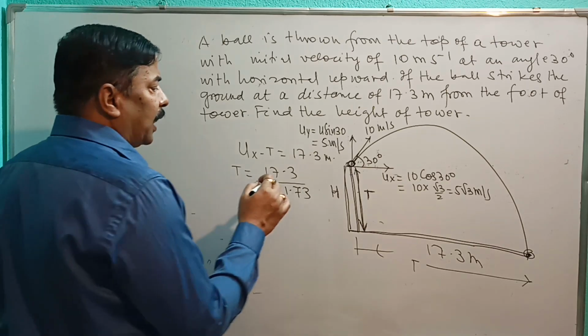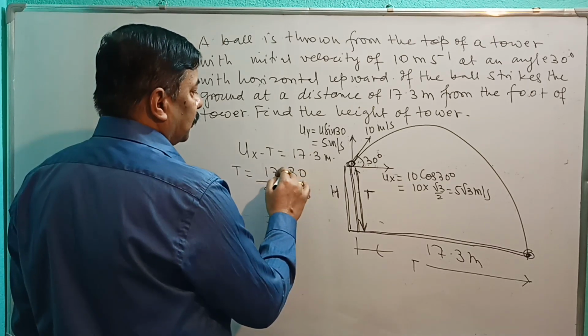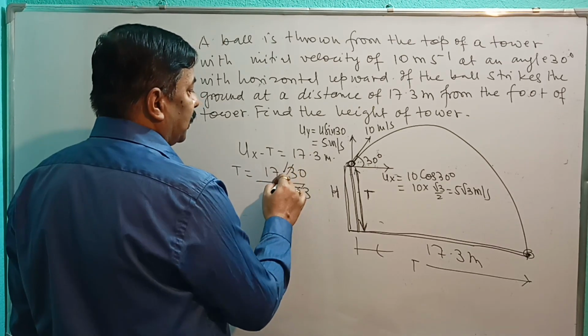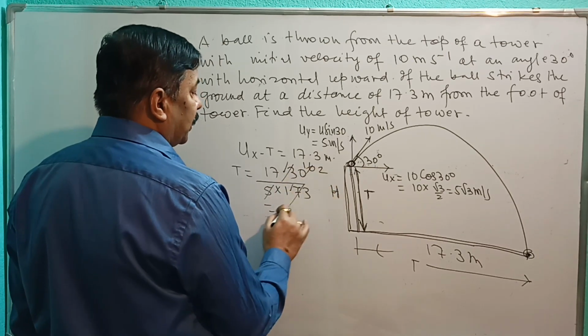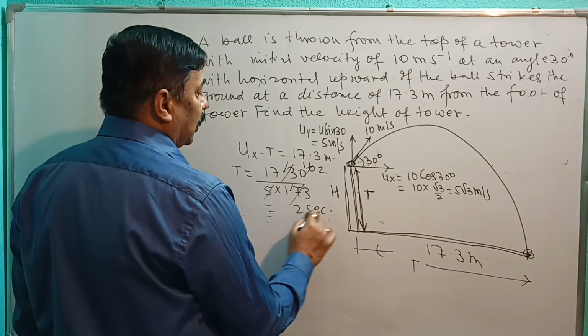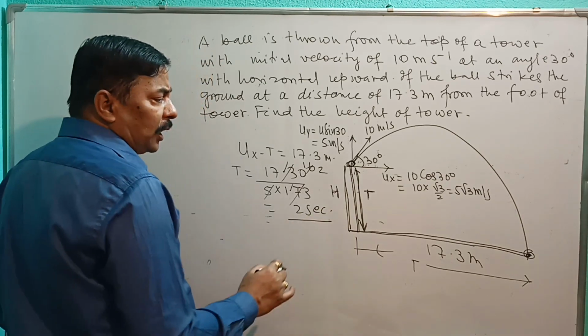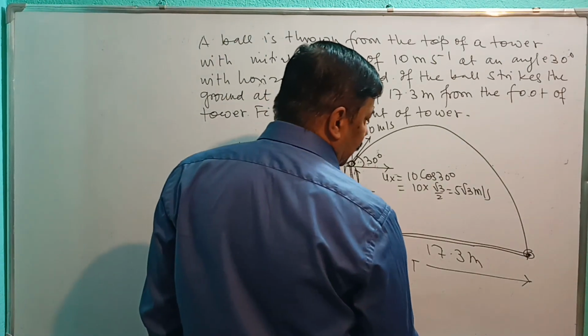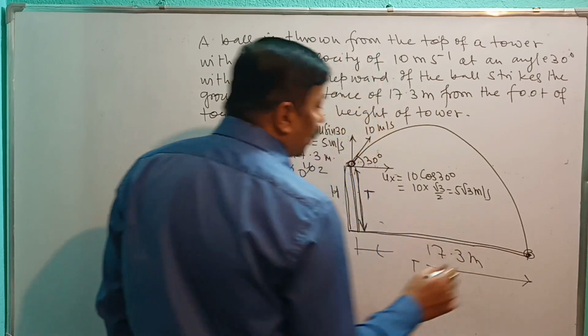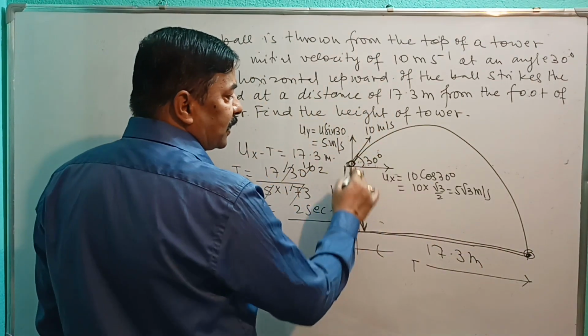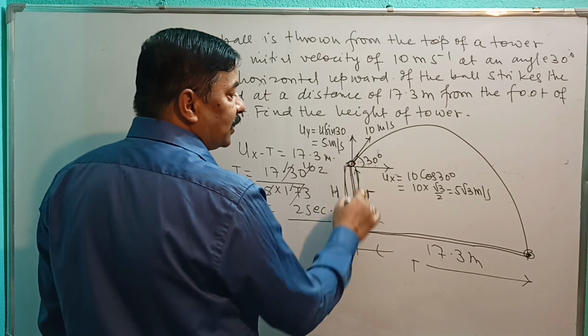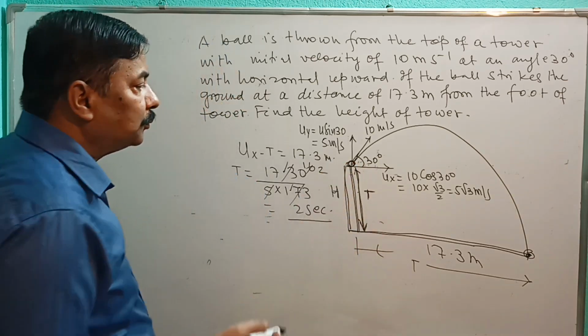So if we calculate, this value will cancel, 5 twos are 10, so you are getting 2 seconds. So 2 seconds is the time in which it has covered this horizontal distance, and vertical distance it has covered in 2 seconds, that is the height of the tower.